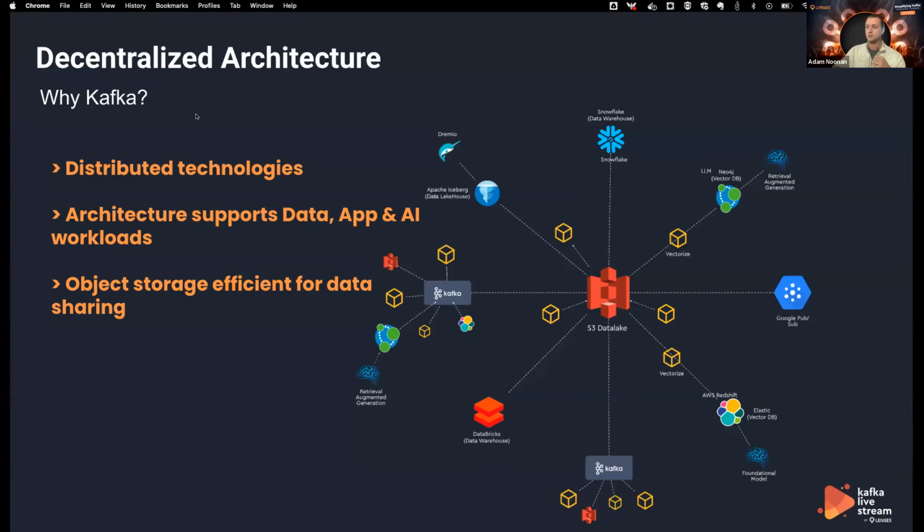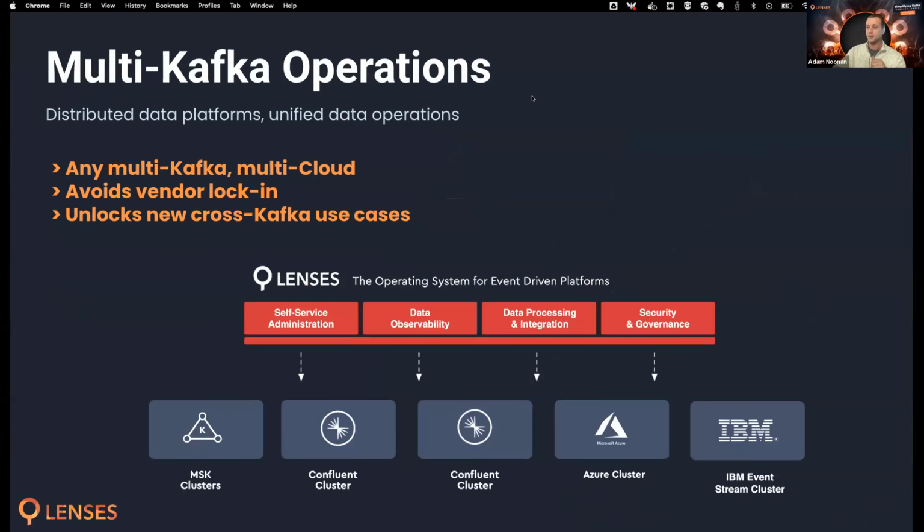So what are we doing about this new decentralized architecture with distributed Kafka cluster systems? For that, we are launching version 6.0 of the Lenses developer experience, which will be a fully multi-Kafka platform with a unified view across your entire ecosystem of Kafka clusters, whether they're running Confluent Community on premises, MSK in the cloud, or each and every other.